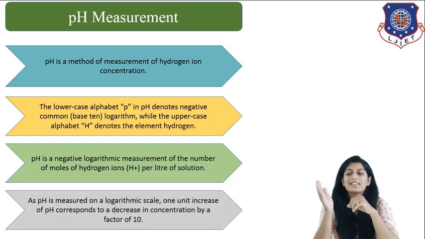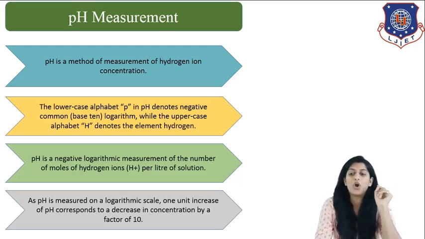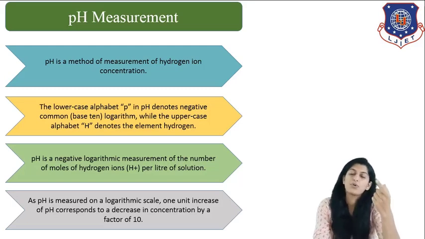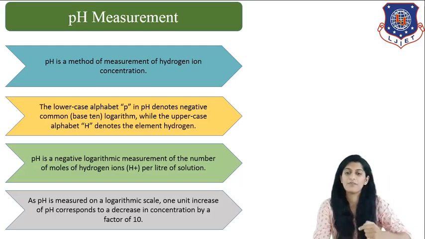And as pH is measured on a logarithmic scale, an increase of 1 unit of pH corresponds to a decrease in concentration by a factor of 10, right?